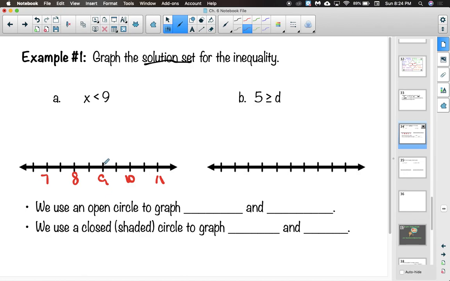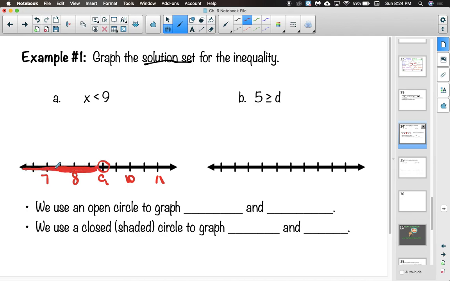And then over my number 9, right over that tick mark, I'm going to put an empty circle. Notice I did not color that circle in. I'm leaving it as an open circle, empty circle, but we're calling it open. And x is less than 9. So I'm going to start at my circle and I'm going to shade less than.